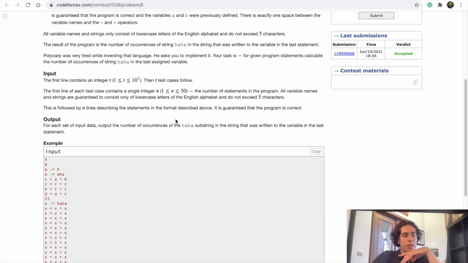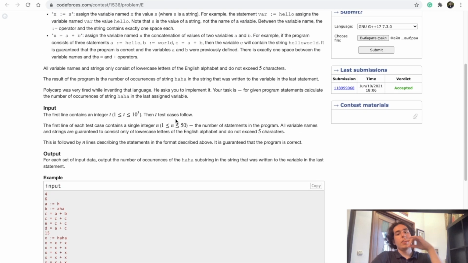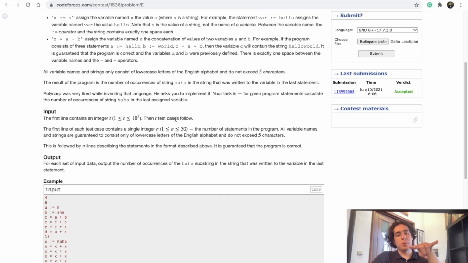So the thing is, we store for each variable the answer, so the number of substrings "haha". And at the same time, when we combine two strings, we need to find the number of "haha" in their intersection. But we don't need to store the whole string.